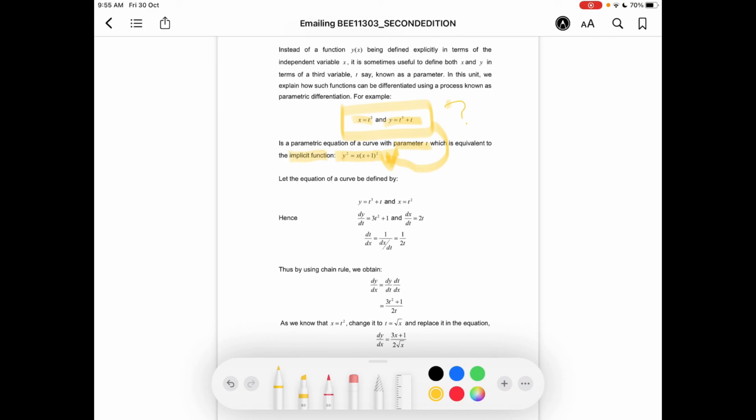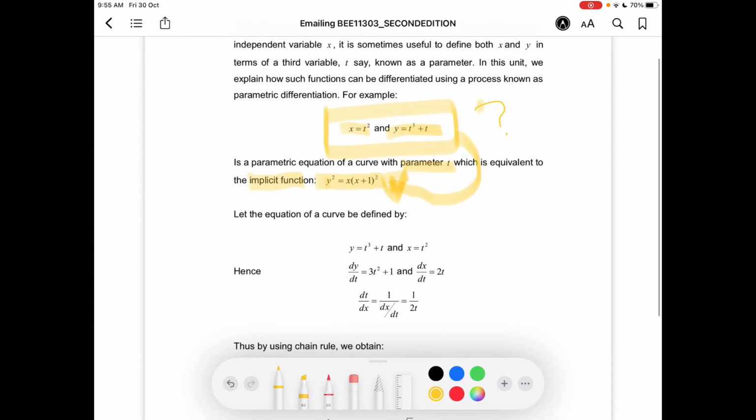Let me show it to you. I have y equals t cubed plus t, and I have x equals t squared.